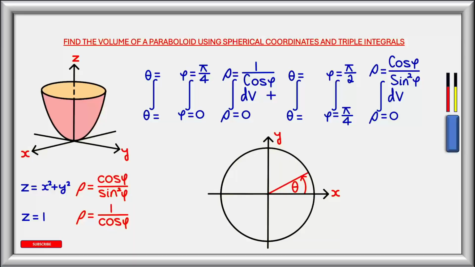And to find the limit of integration for theta, let's use this diagram to look down the z-axis onto the xy plane. In spherical coordinates, theta represents the angle of rotation in the xy plane around the circular shape formed by the paraboloid and is measured from the positive x-axis in a counterclockwise direction.